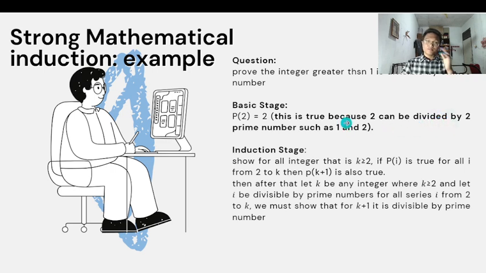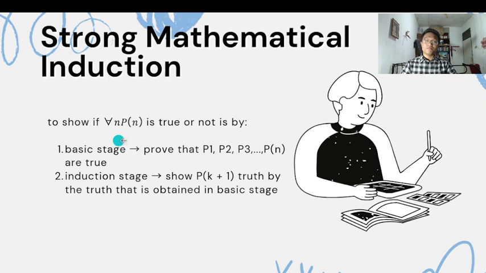Okay, here is a simple example that I have put here. The question is to prove that an integer greater than 1 is divisible by primes, prime numbers. In the basis stage, we will prove this first.